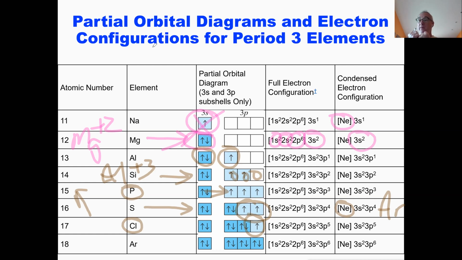So you'll see that when we look at the sizes of these atoms, chlorine is a lot smaller than these other atoms I'm showing you, which seems weird because it has more electrons, and yet the size is smaller because it has a larger nucleus that is pulling on those electrons and pulling it closer to itself. And so there's two driving forces for chlorine to get that one more electron it needs and then look like argon. Okay, so that's period 3.